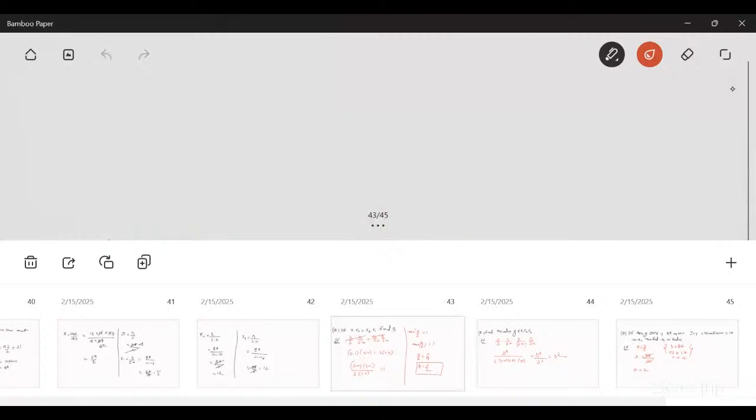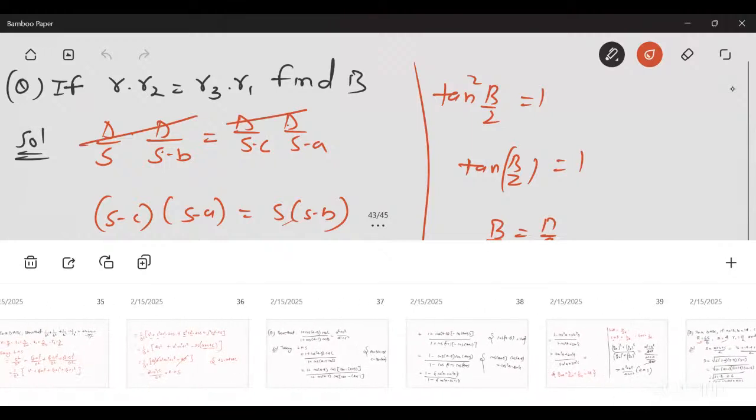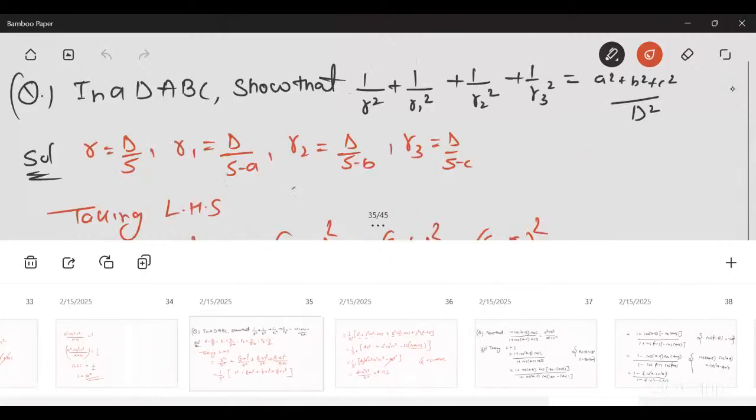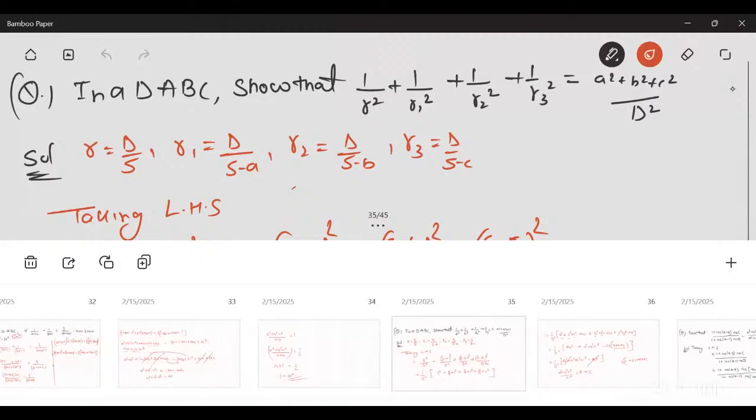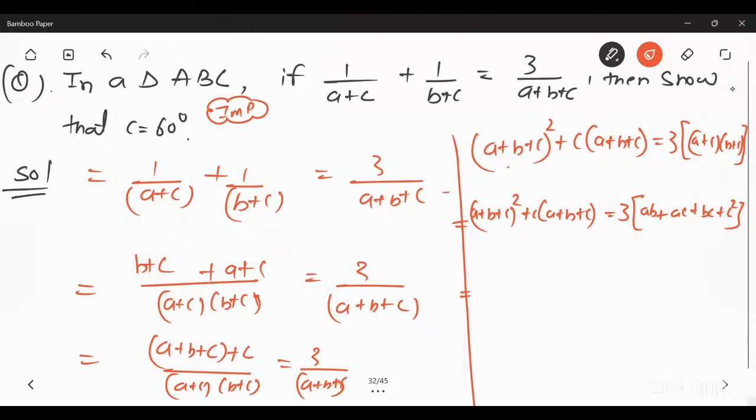So check these questions again and again. And one of the important questions that is repeated more than 3 times in your paper, so mark this question as important.